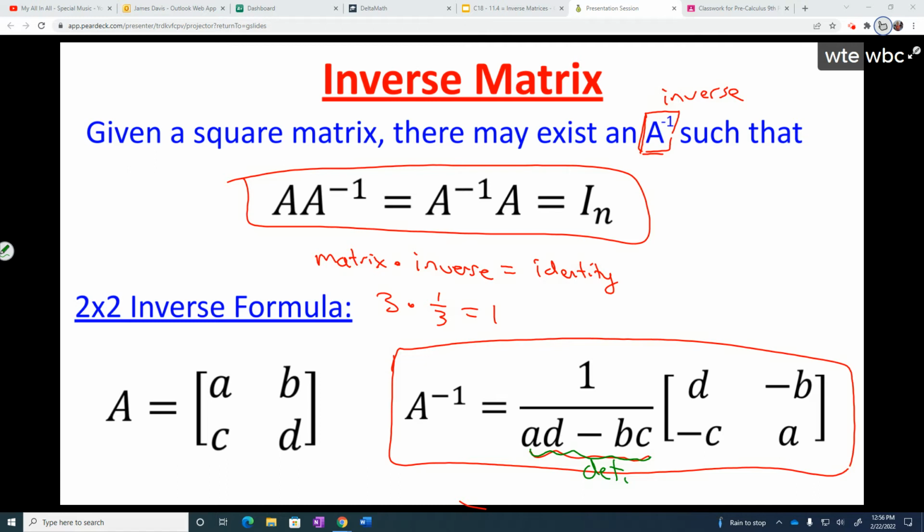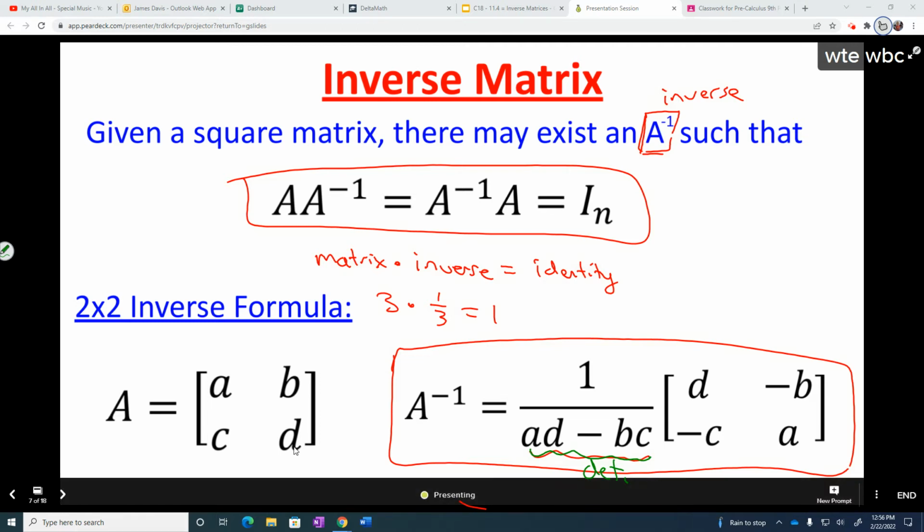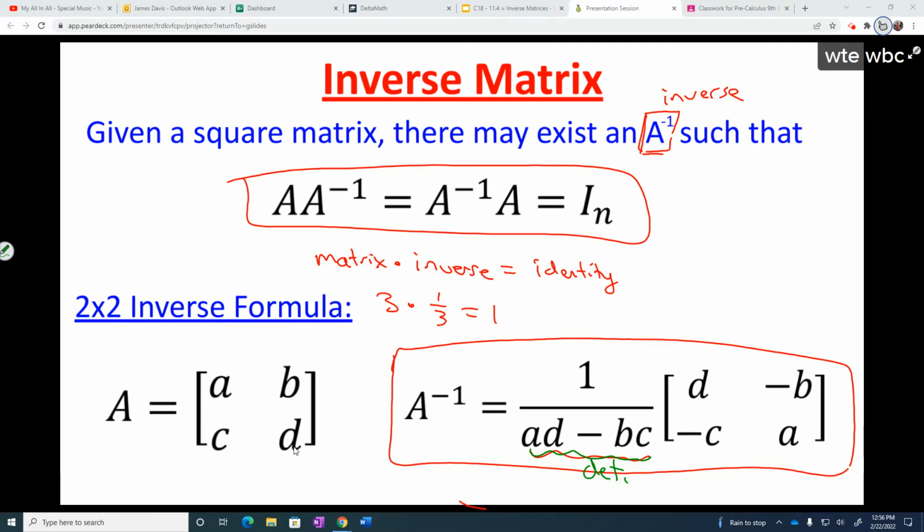There's a couple different ways you can calculate this, but I think this is the easiest way. So it's basically 1 over the determinant. That's just going to give us a number, a scalar. And then we switch the A and the D, and then we change the signs of B and C.